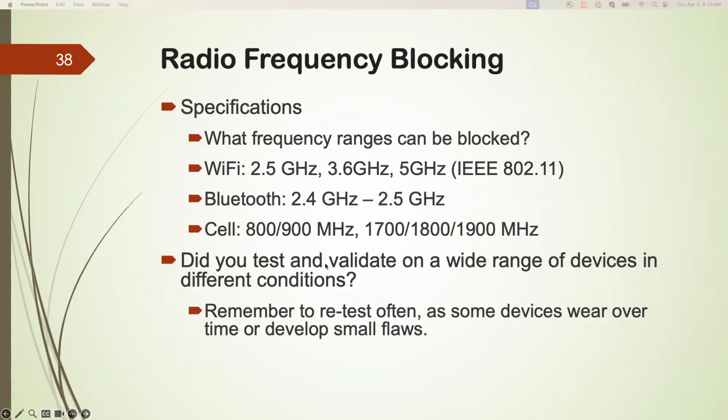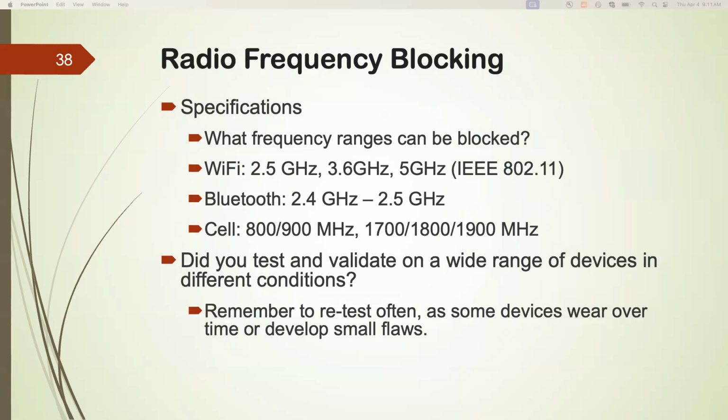Similarly, Bluetooth works in 2.4 to 2.5 gigahertz, and your cellular phones have these frequencies. Some run in 800 to 900 megahertz, some run in 1700, 1800, and 1900 megahertz. And this, by the way, is also different in different countries. So maybe in the US, the mobile service providers are running services on the 1900 megahertz frequency band, somewhere around it, plus minus 50.